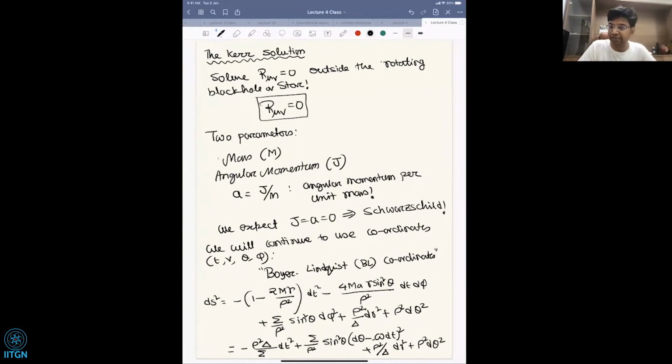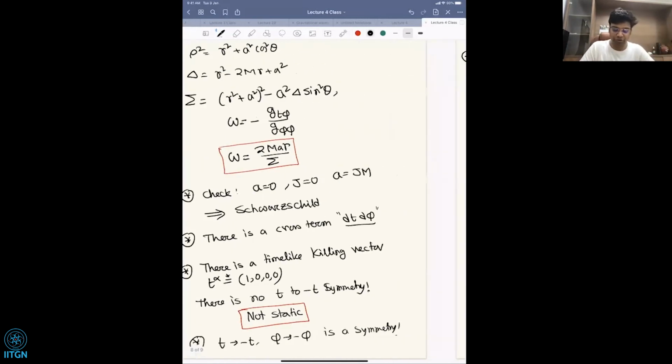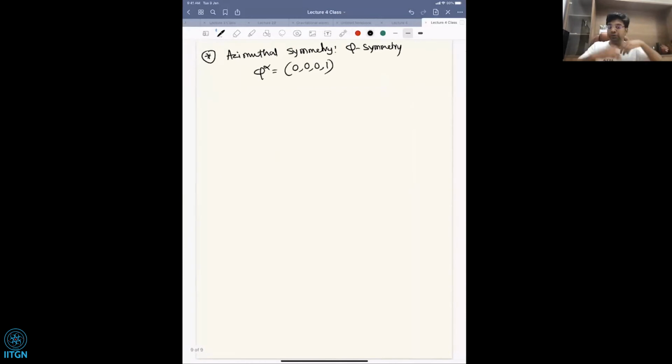There's absolutely nothing in the metric which depends on phi. So in this coordinate also, the phi symmetry is obvious. If you make a rotation in phi, move along the direction of phi, nothing changes. This is exactly what we call axis symmetry, so this is an illustration of axis symmetry. Okay, good.